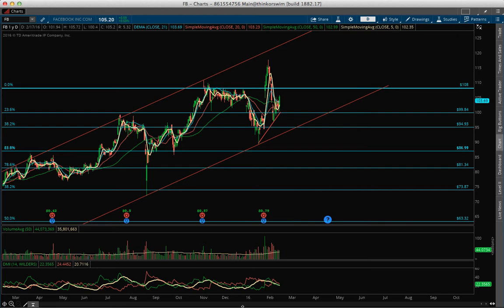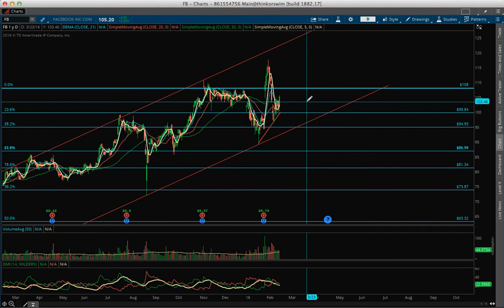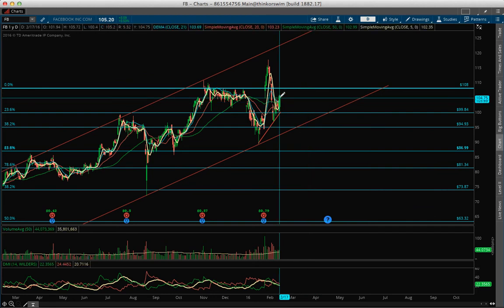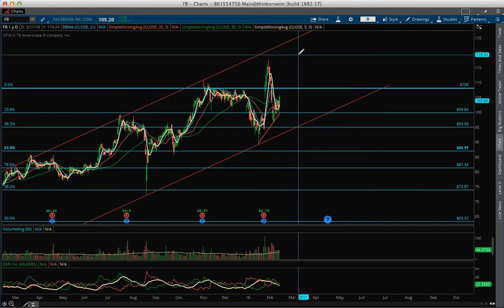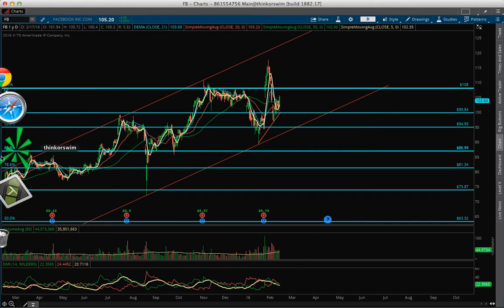I like that, because it was good volume, but DMI is still bearish but neutral, because the directionals are 24 and 22. ADX is at 20, so there is a strength right here. We just need a little more direction, a little pop right here, and we can move to 108, 110. So keep an eye on this one.